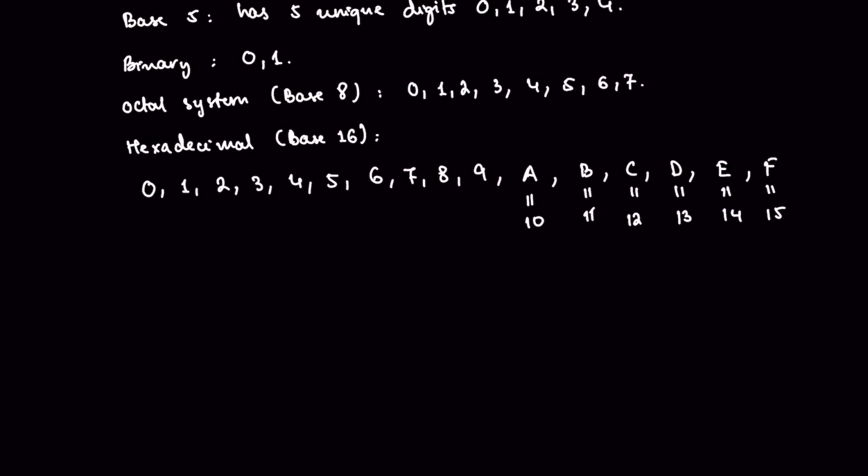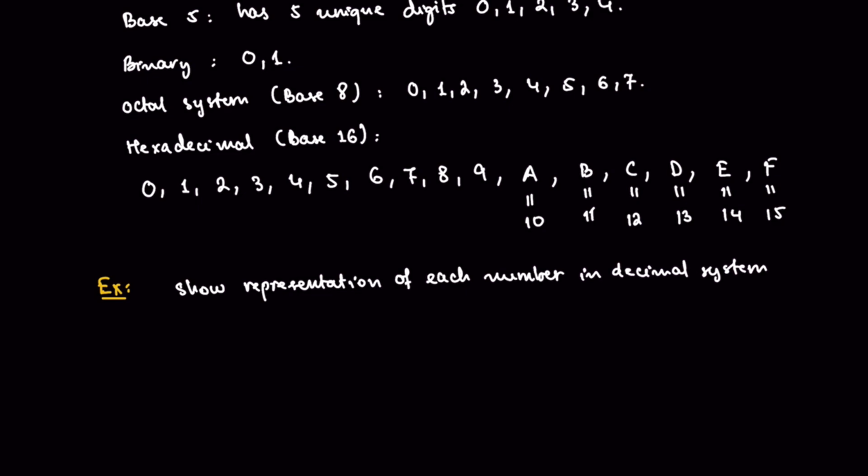How could you represent a number in the decimal system, which is base 10? From knowing how to represent a number in the decimal system, we're going to move on to converting a number from one system to another, or from one base to another base. In the next example, I would like to show the representations of each number in the decimal system, which is base 10.